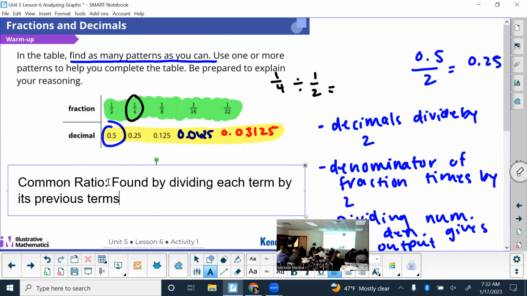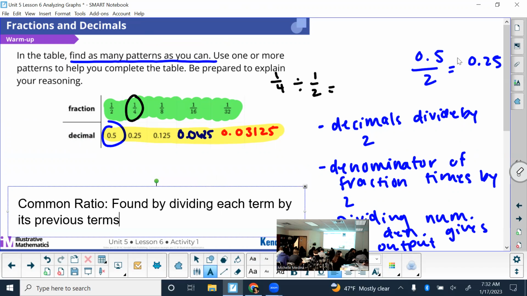Common ratio, sometimes called common factor, so you might hear both, is found by dividing each term by its previous term.